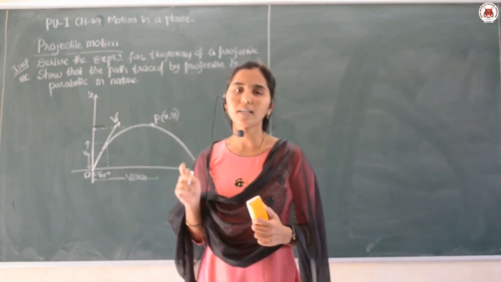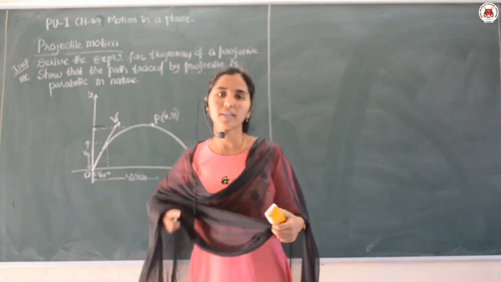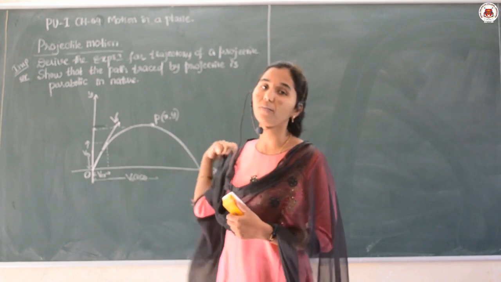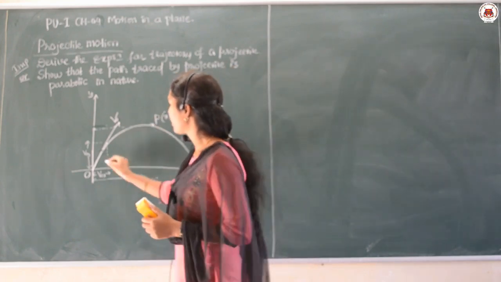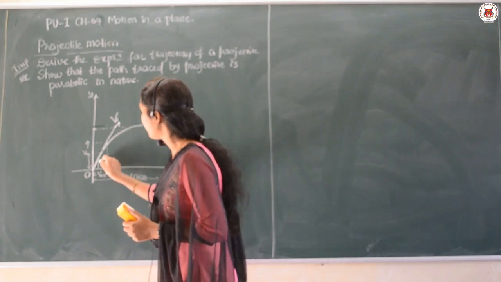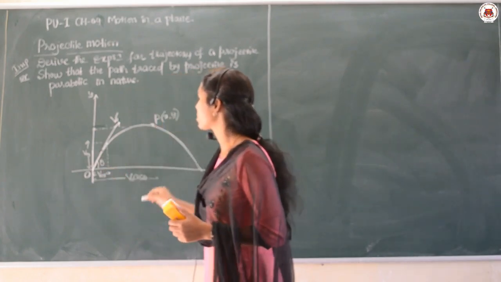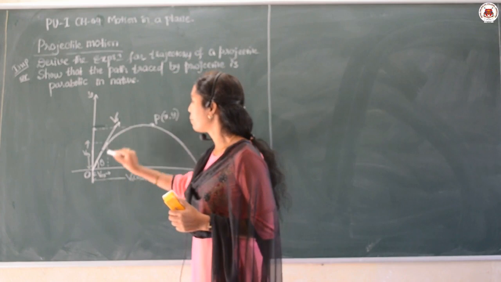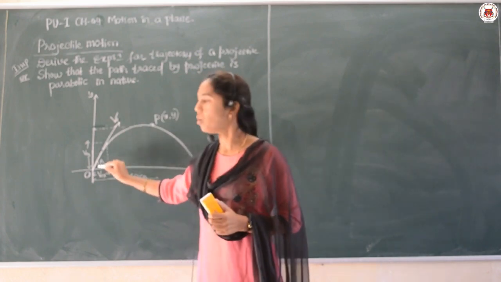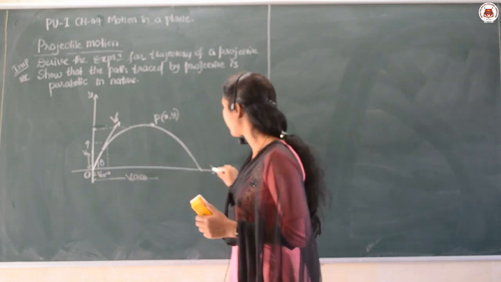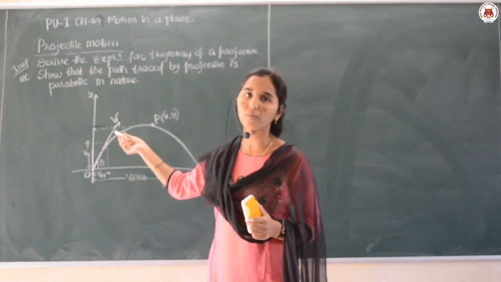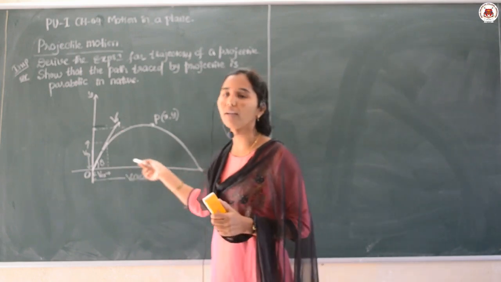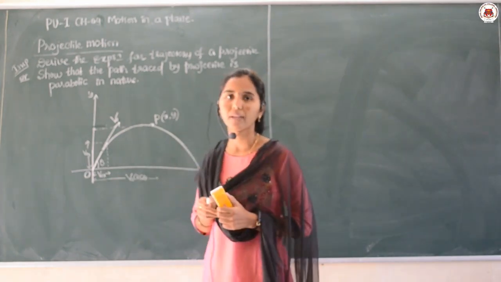Consider an object is projected with an initial velocity v naught, making an angle theta with the horizontal, that is the angle of projection theta with the horizontal, right.